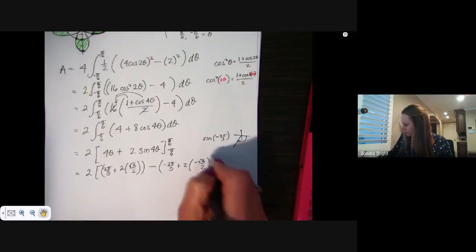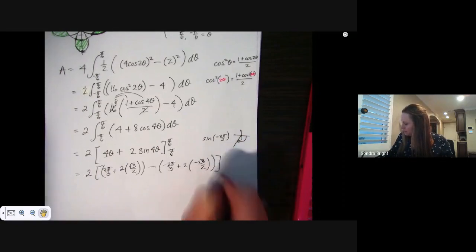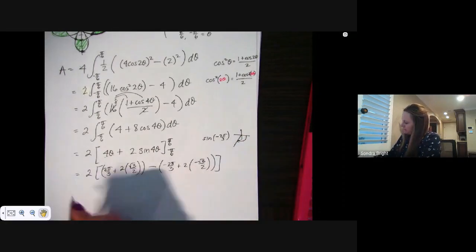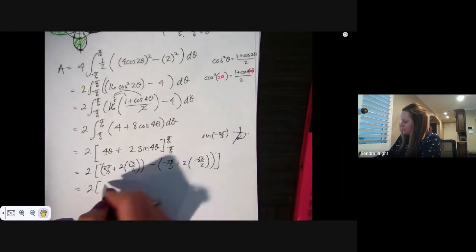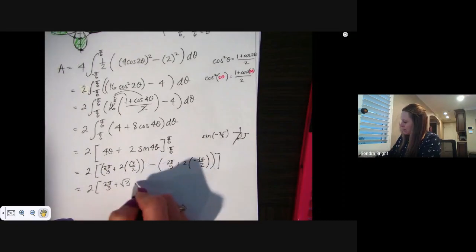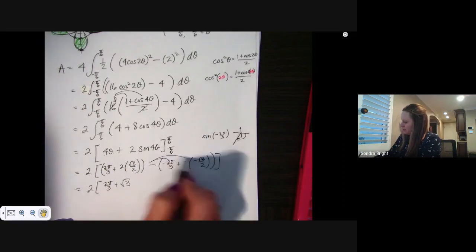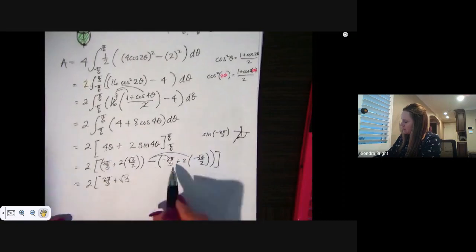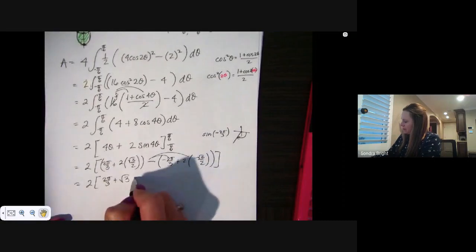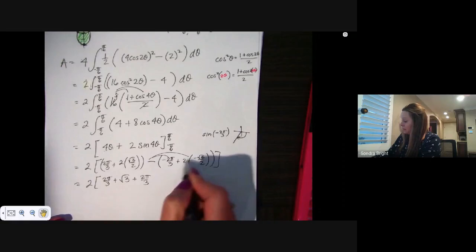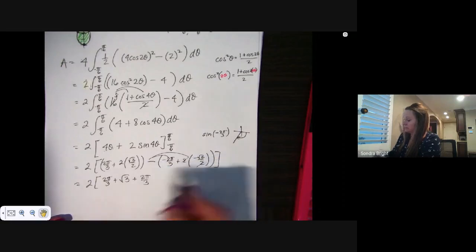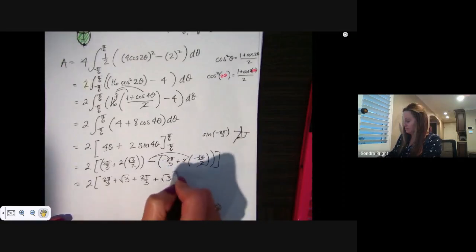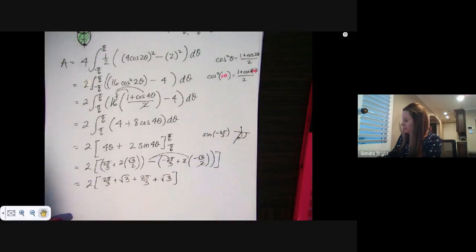Okay. I'll leave this 2 out front. This becomes 2 pi over 3 plus a radical 3. Distribute this minus sign into both of those, and you end up with another plus 2 pi over 3 and a plus radical 3.